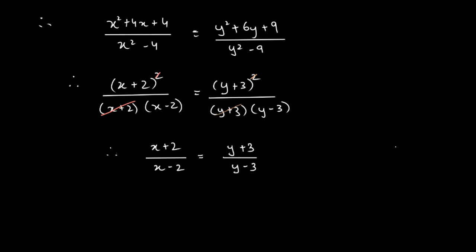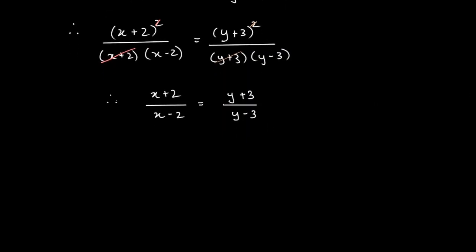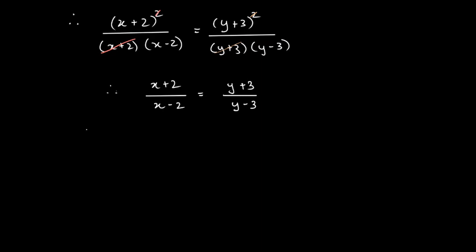Okay, so here you guys have another option. You could either cross multiply and then find the value of x upon y, or if you notice it's x plus 2 upon x minus 2, y plus 3 upon y minus 3, we could apply componendo-dividendo once again. So let's continue by using the properties of proportion. So I can say by componendo and dividendo, right?